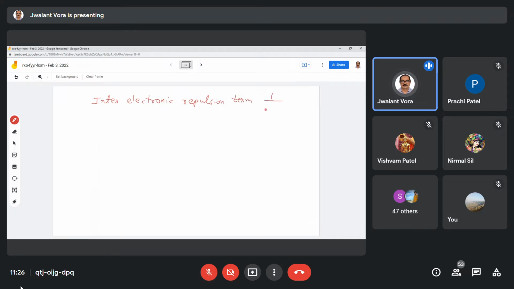It is said to be 1 upon Rij. So electron i, electron j, this distance Rij.